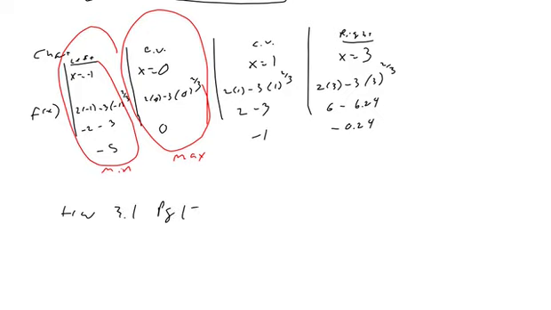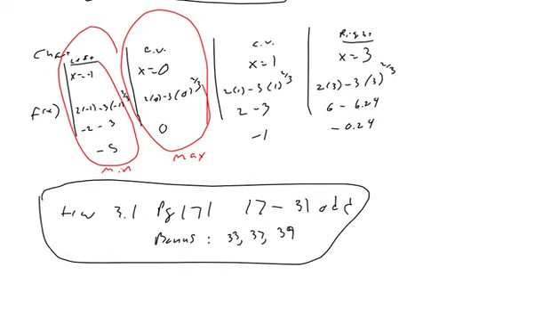I would like you to try numbers 17 through 31 odd, and there's a bonus if you want to try 33, 37, and 39.